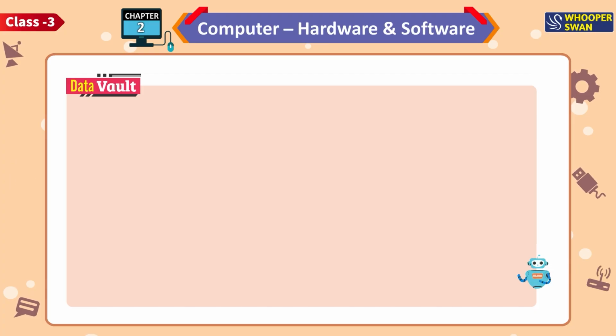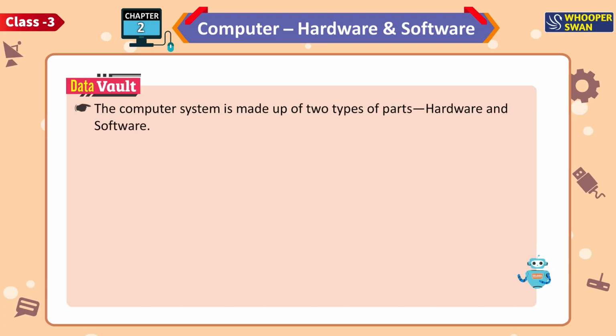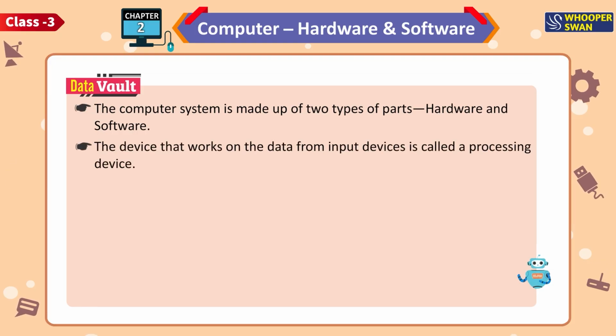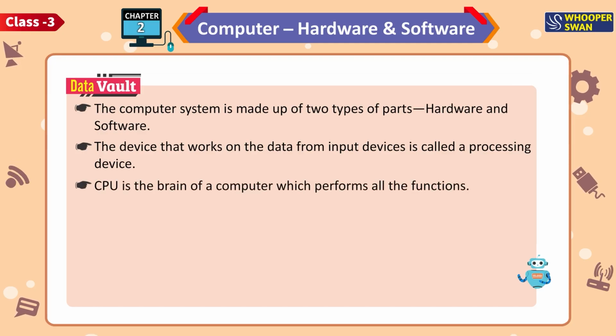Data Vault. The computer system is made up of two types of parts, hardware and software. The device that works on the data from input devices is called a processing device. CPU is the brain of a computer which performs all the functions.